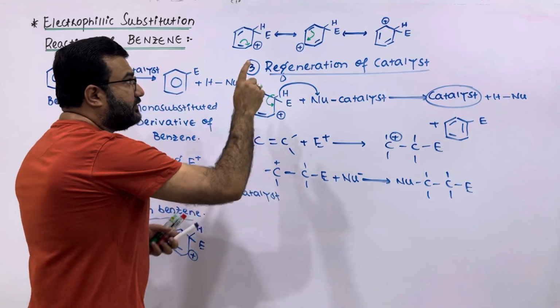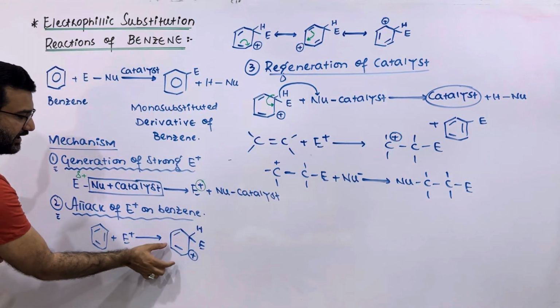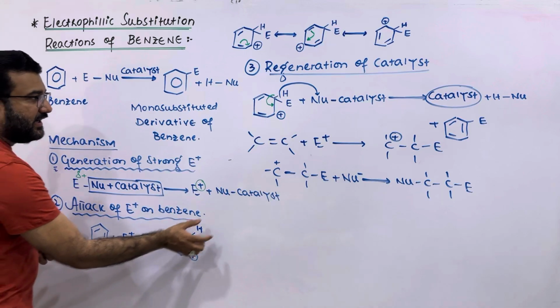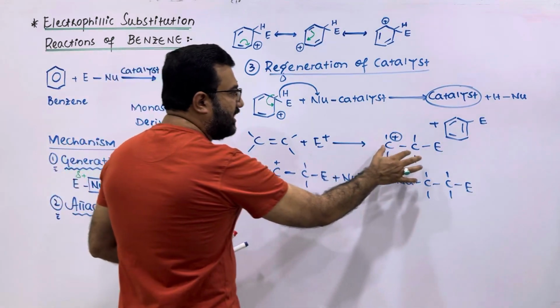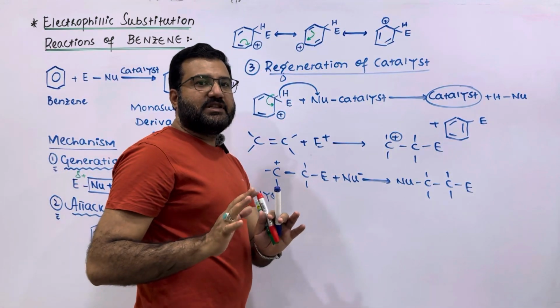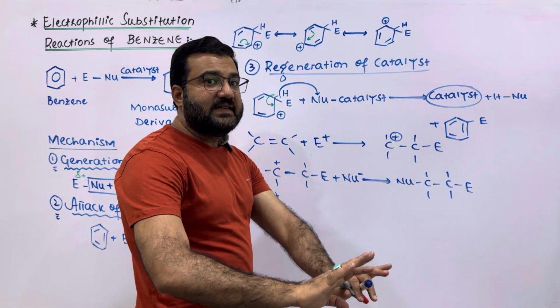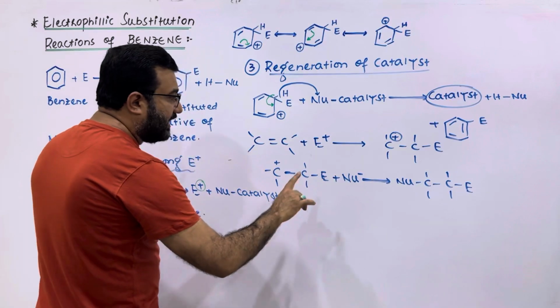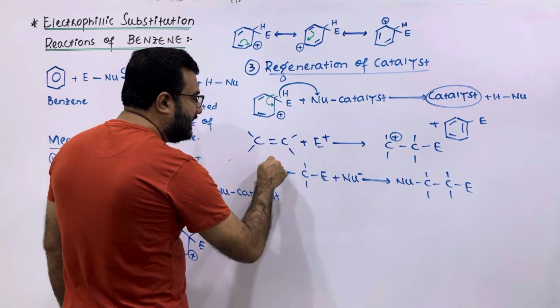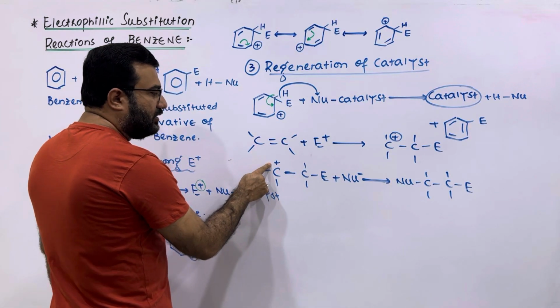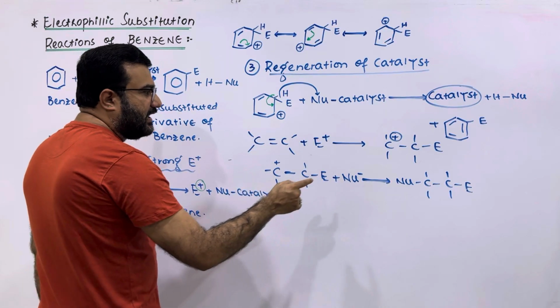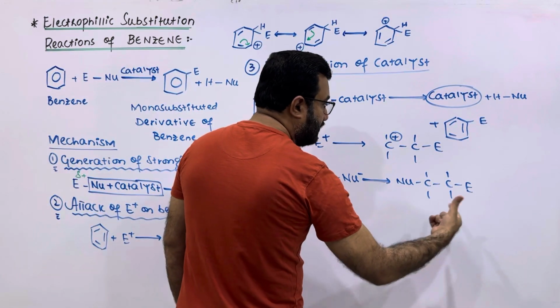In case of benzene, the carbonium ion is generated, and in case of alkenes, carbonium ion is generated. So this step is common in case of alkenes and benzene, but the similarity ends here, because in case of alkenes, the nucleophile can easily attack the carbon that is positively charged, and it can form a saturated product.